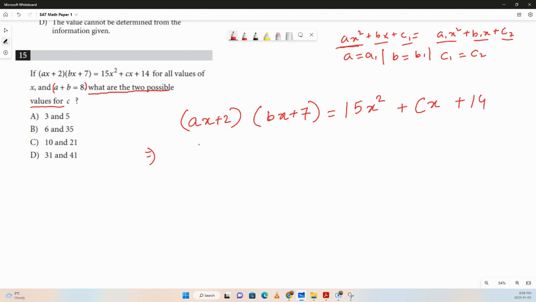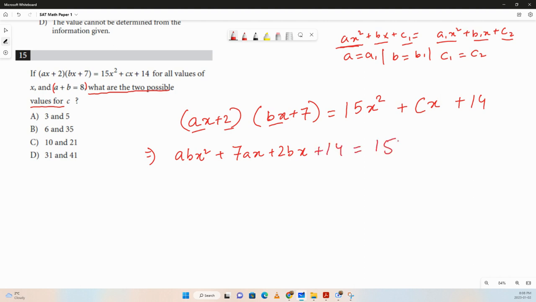So if we cross multiply this, we have abx square, then ax times 7 is 7ax, and 2 times bx, so plus 2bx, and then 7 times 2 plus 14.